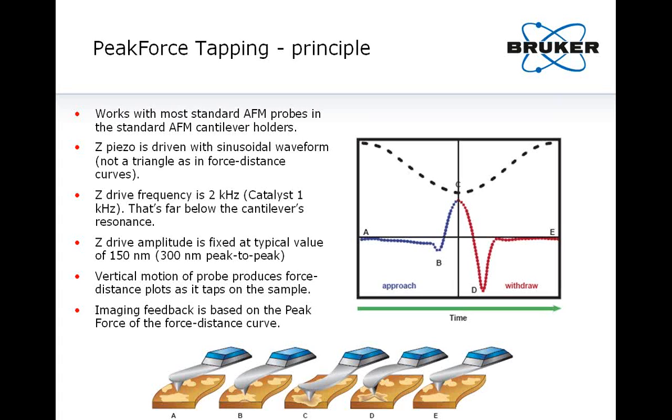This is what we call peak force. Afterwards, the tip starts pulling off, so you have a maximum adhesion in D, and reaches back to its original position in E or A, which is the same position actually. The bottom cartoon shows the different states of the cantilever, different bendings from positions A to E.